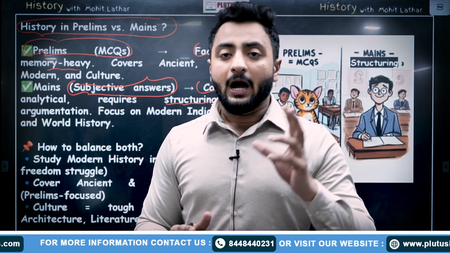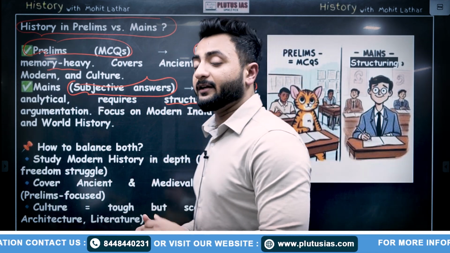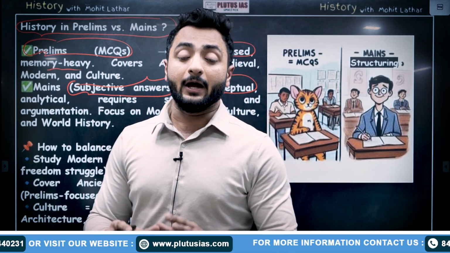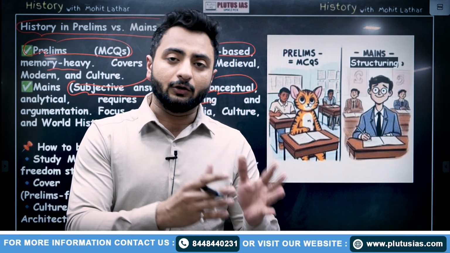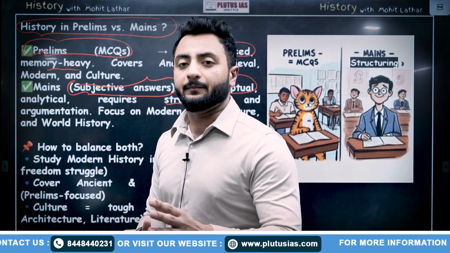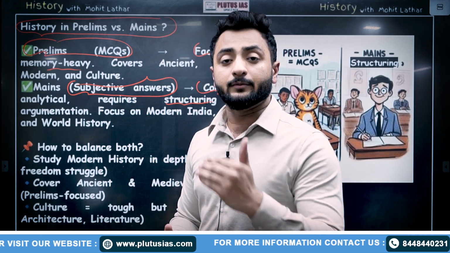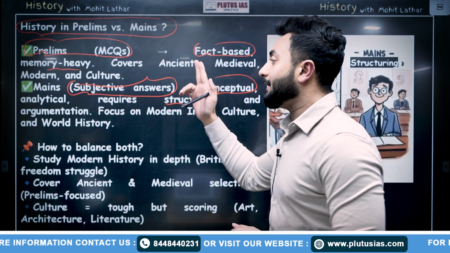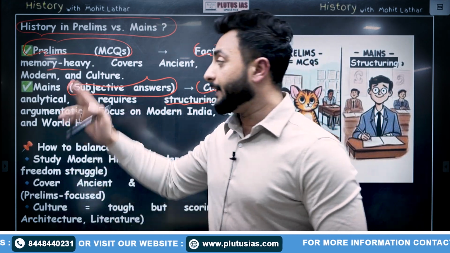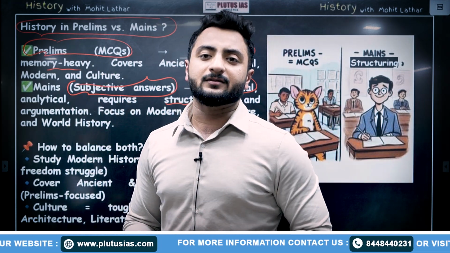You have to tell how that period was a golden age, and you have to give some counter arguments also. That yes, although it was a golden period, some issues were also there, and then you can move forward with your conclusion. So mains is about conceptual and analytical understanding, and prelims is about facts.